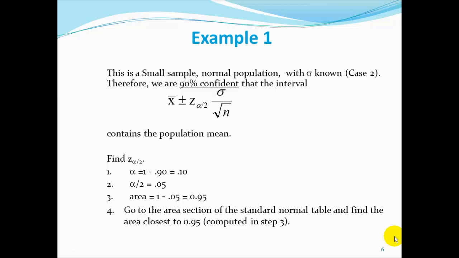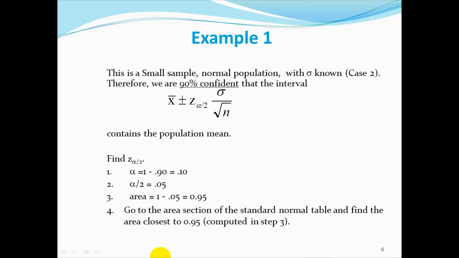Therefore, this is a small sample case with a normal population and sigma known, or case 2 outlined on the previous slide. So we can use the formula x bar plus or minus z alpha over 2 times sigma over the square root of n in order to construct a 90% confidence interval.